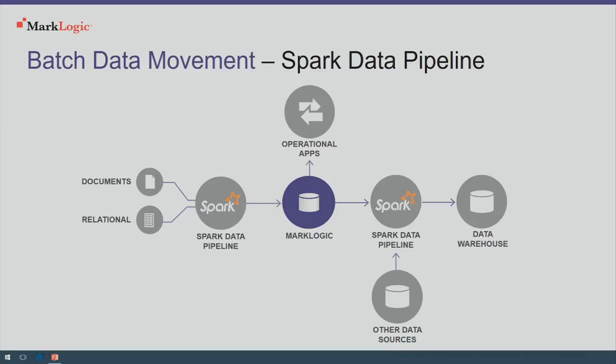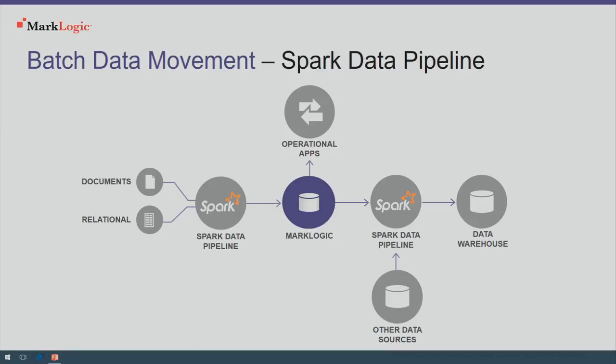So this could be, again, going back to the financial services trade store, your post-trade processing applications that are looking at all the trades that have come from various different systems and that you have aggregated and harmonized within MarkLogic, where MarkLogic is playing a role of an operational data hub.